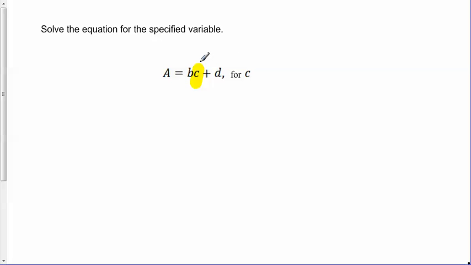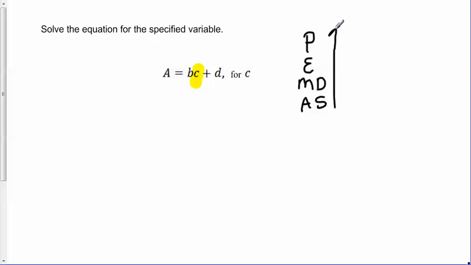Our goal is going to be to get C all by itself. And to get C by itself, that means we need to peel away the variables that are attached to it. To do that, we're still going to use the order of operations. So here's my little diagram for the order of operations.